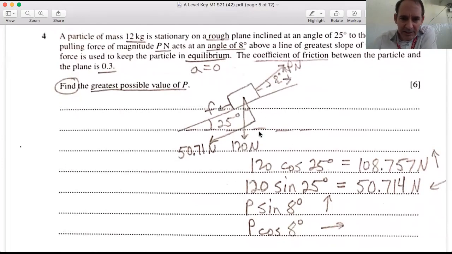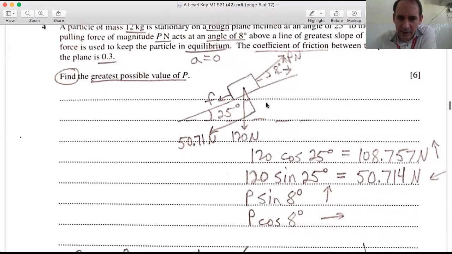We also need the normal contact force. Or at least first, let's resolve the force going up. We have to take care of this little piece over here as well. Our force going up is 120 cosine of 25, which is 108.757.